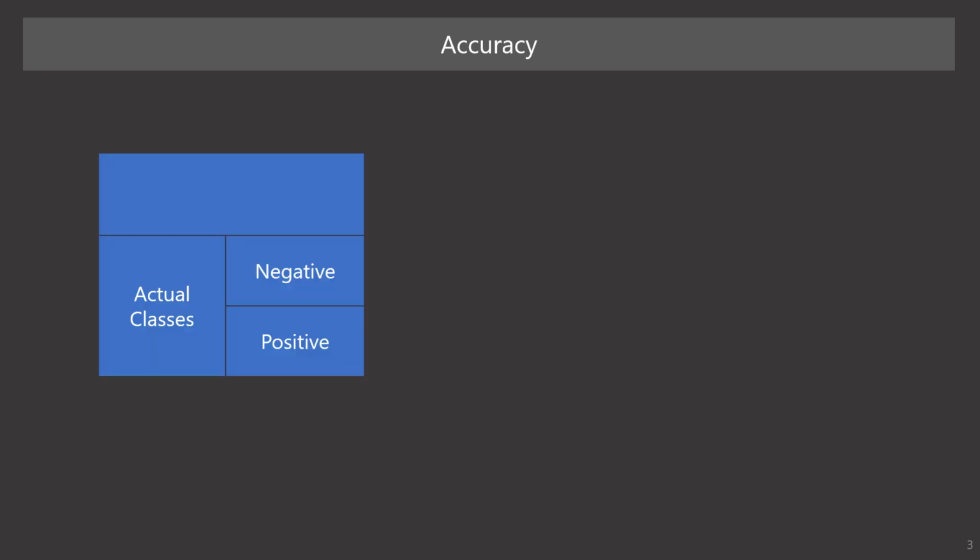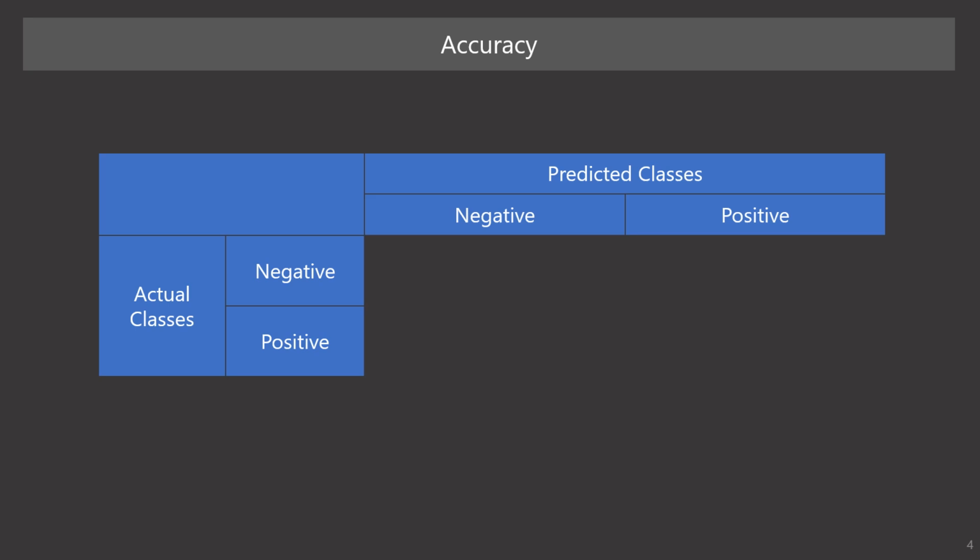In a binary classification problem, there are two classes, and each observation can be classified into either of them. So, the actual class for an observation can be negative or positive. The classification model outputs a predicted class for each observation.